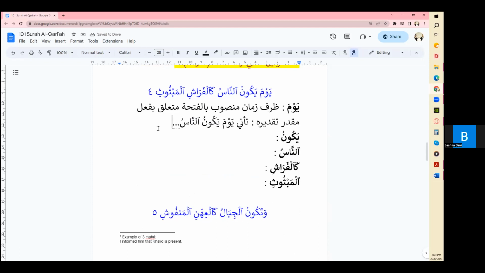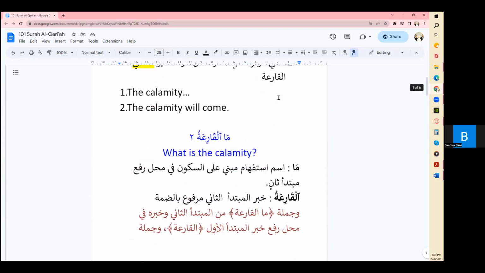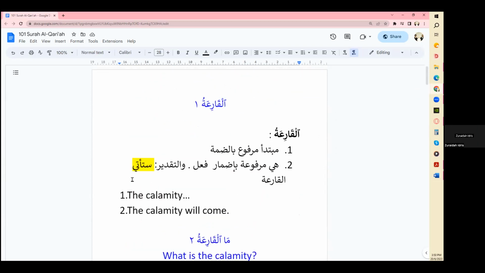What's the ta'ti? Ta'ti means, okay, do you agree it's a fi'il? Yes, this is the fi'il that is muqaddar. We say like there is a ta'ti before the yawma, just like we said that there is sata'ti al-qari'ah. There is another fi'il in front of this.